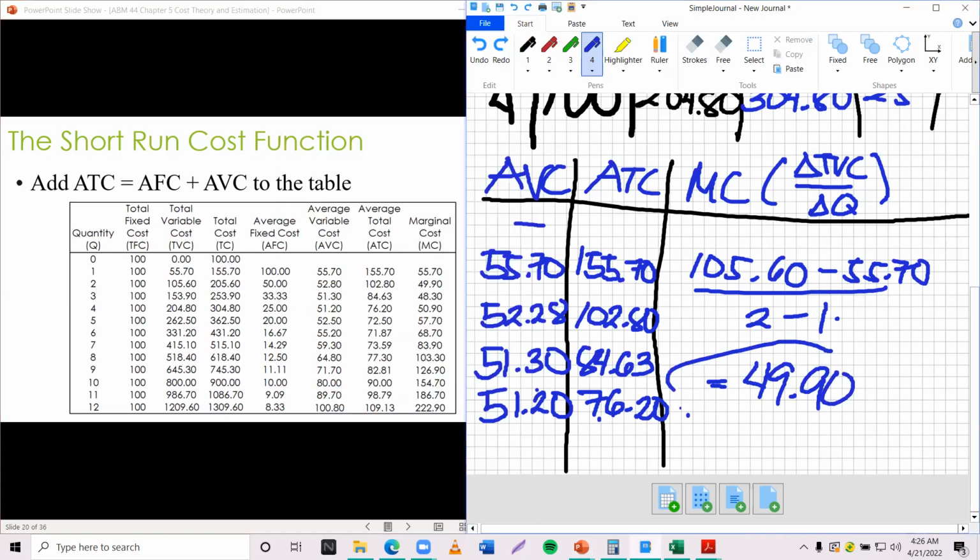So this is correct, and that's how you'll solve the marginal cost.